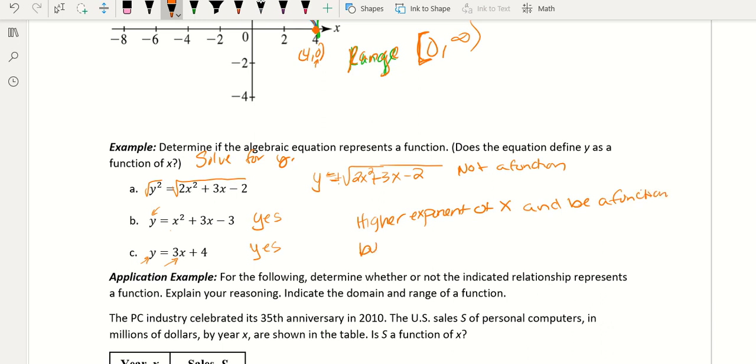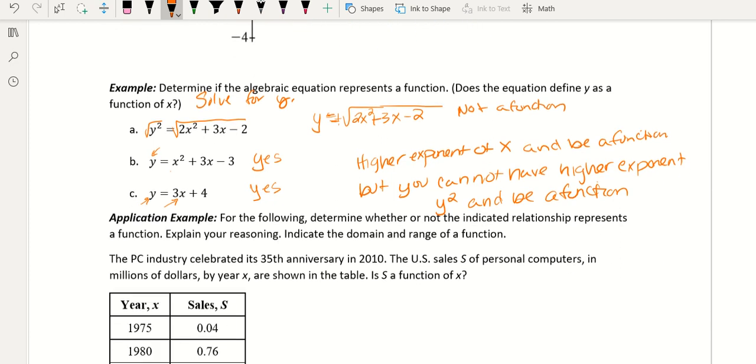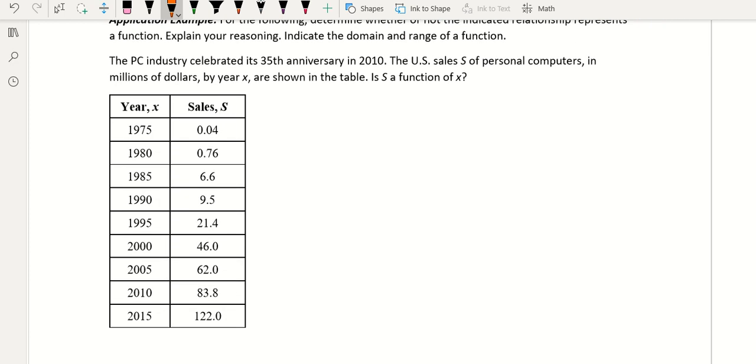But you cannot have a higher exponent such as y squared and be a function. So anytime I see that y squared, I say, oh, it's not going to be a function. All right, but if I see an x squared, then yep, it's going to be a function.